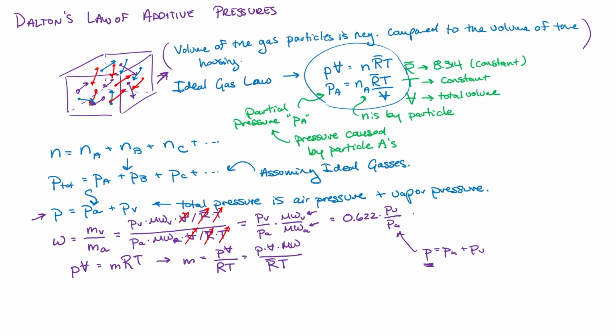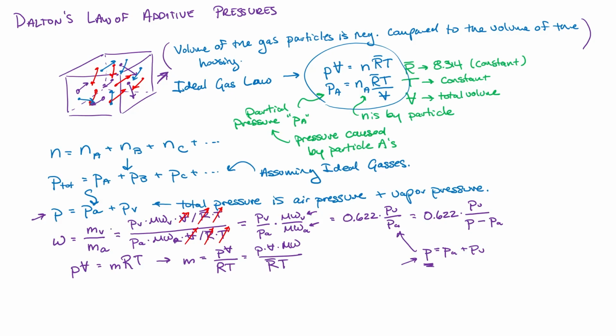So we're going to turn this into a form where we can get that pressure of our vapor, and we can get rid of that pressure of our air, which is unmeasurable. So we're going to say 0.622 times our pressure of our vapor, which we're going to want for our next piece here, divided by our pressure total minus our pressure of our air. So that's just plugging this equation into the above piece.